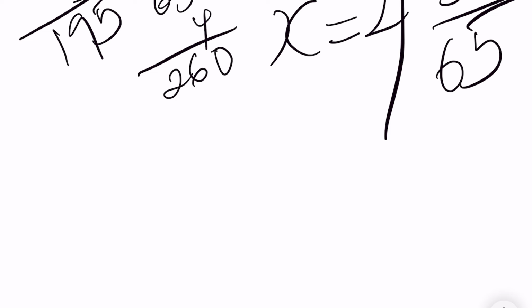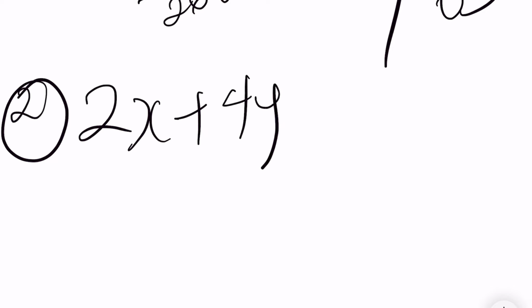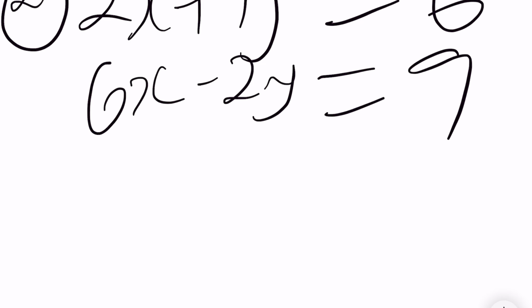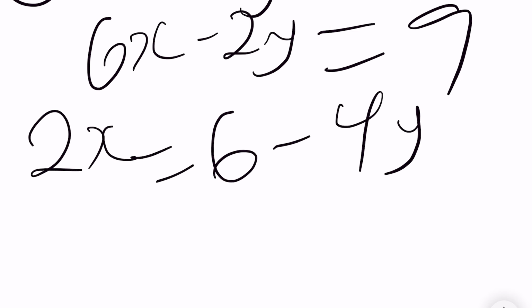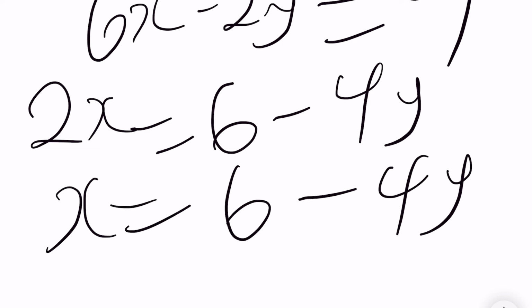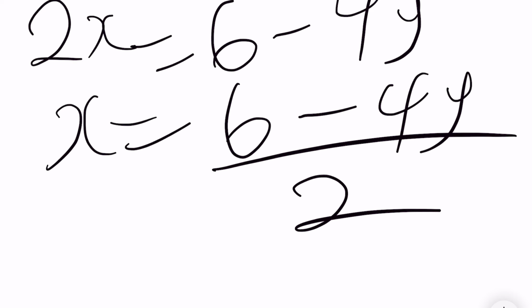Now, moving to the second question. We have 2x plus 4y equals 6 and 6x minus 2y equals 9. So we have our 2x to be 6 minus 4y. We have our x to be 6 minus 4y over 2.